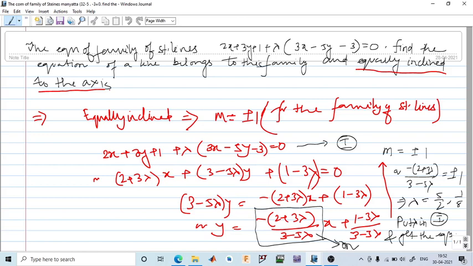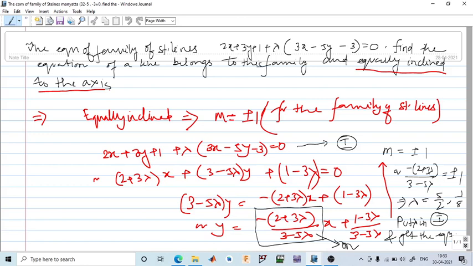What is the meaning of equally inclined? That means for the family of straight lines, the angle made by the line, tan theta, should be plus or minus 1.